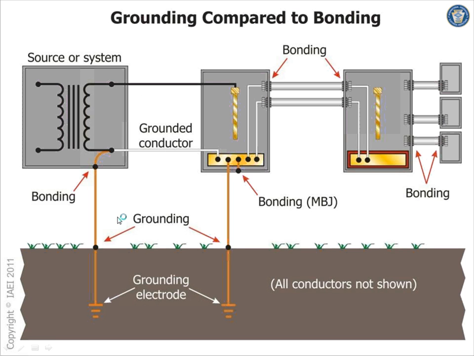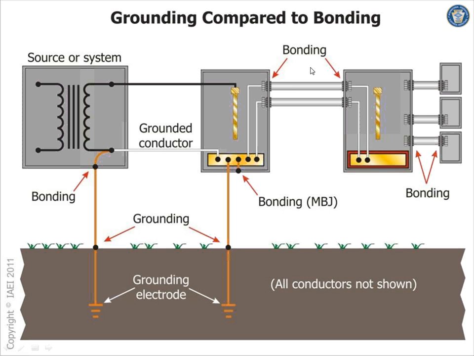Now, here's another nice example of a system grounded through the utilities. This grounding is typically done by utilities. They bring the neutral to you, then you ground your equipment, and you tie the two together right here with the main bonding jumper, tying the equipment into the neutral and the grounding electrode conductor.